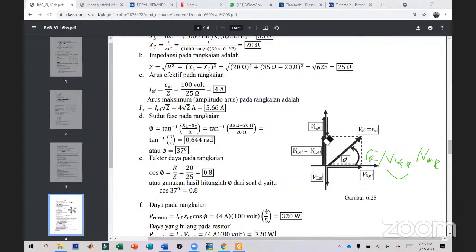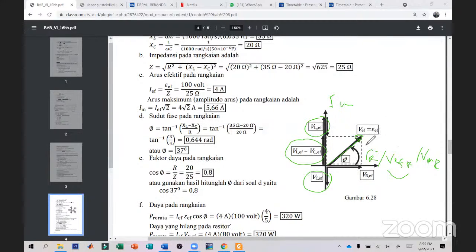In the imaginary part is VL and the minus one is VC effective. So we calculate first VL minus VC effective. And then we can draw the resultant.